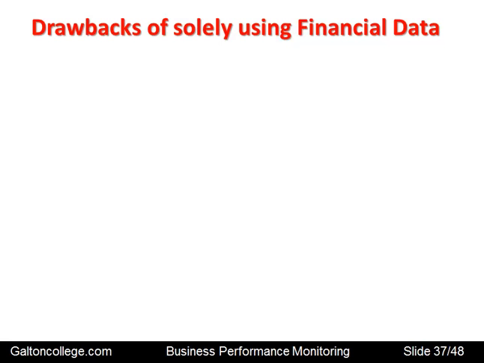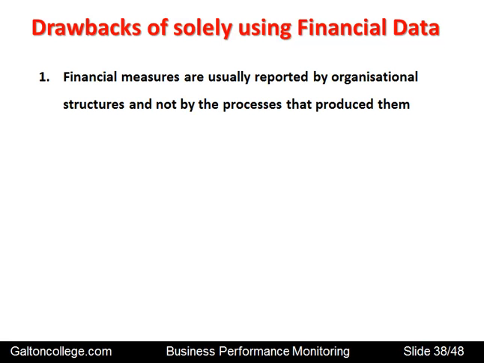Drawbacks of solely using financial data. Well, financial measures are usually reported by organizational structures and not by the processes that produce them. So it's difficult to monitor processes if we don't have the financial information. As I said, management accountants may be involved, but management accountants are expensive to employ.